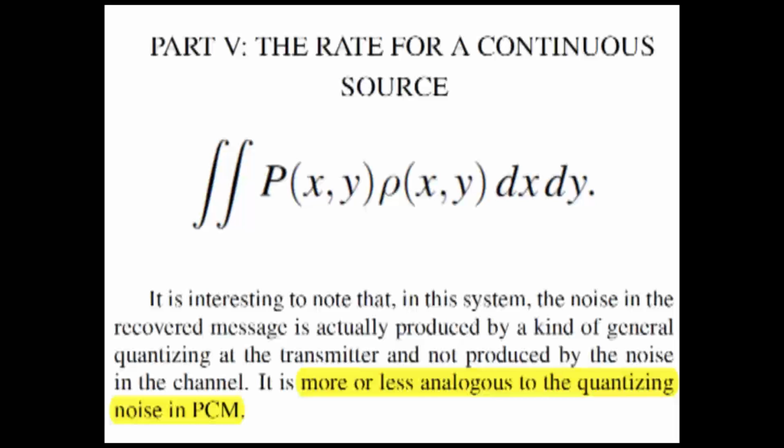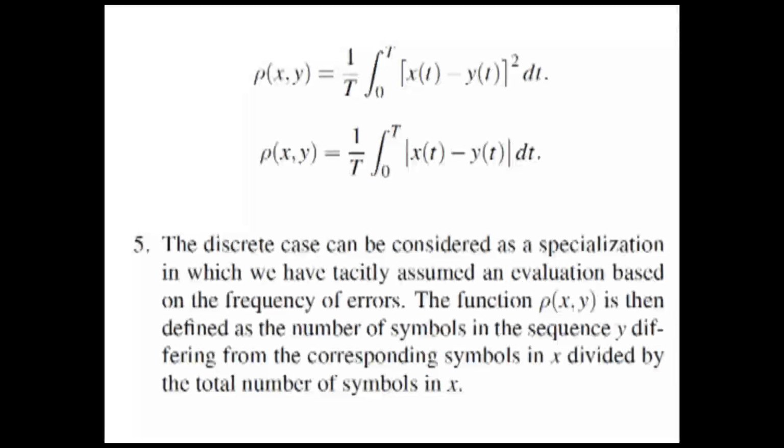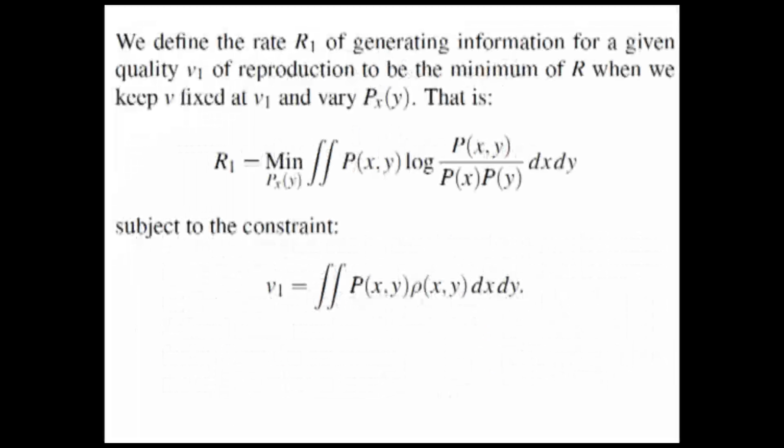Okay, so in this case, he uses PCM as his paradigm. But PCM, of course, is a process that is instantaneous, so it does not exploit redundancy due to memory in the source. So then again, he comes up with a solution.